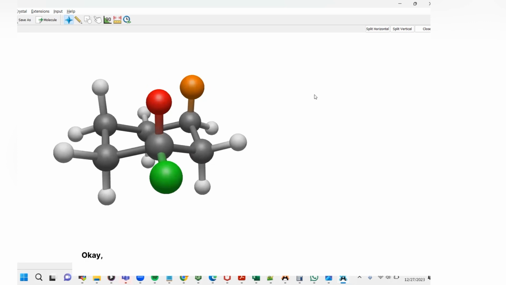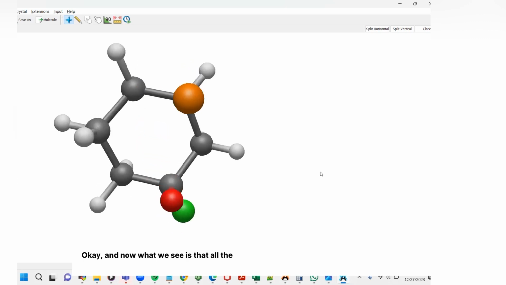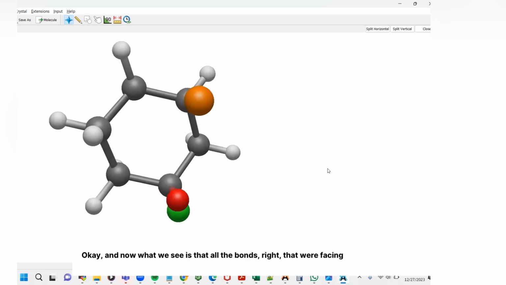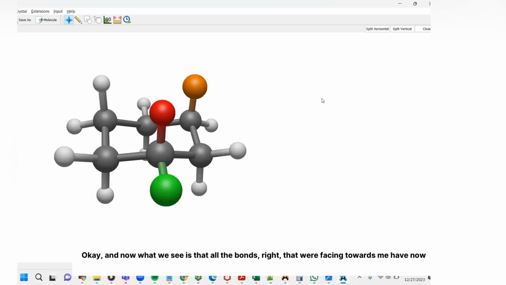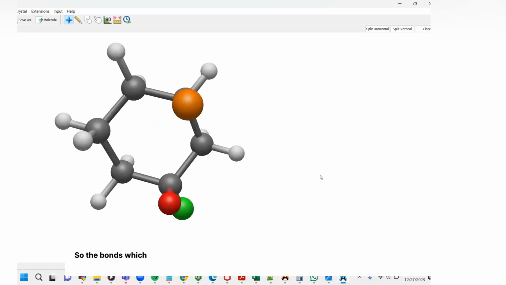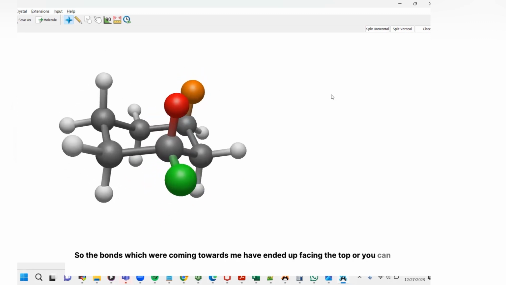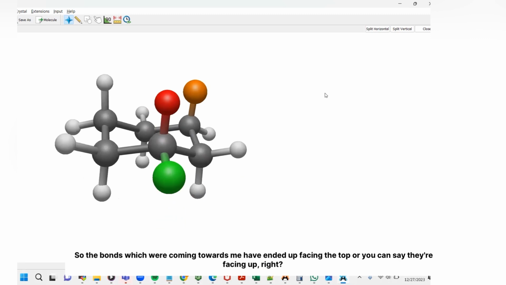All right. Now what we see is that all the bonds that were facing towards me have ended up facing up top. So the bonds which were coming towards me have ended up facing up.